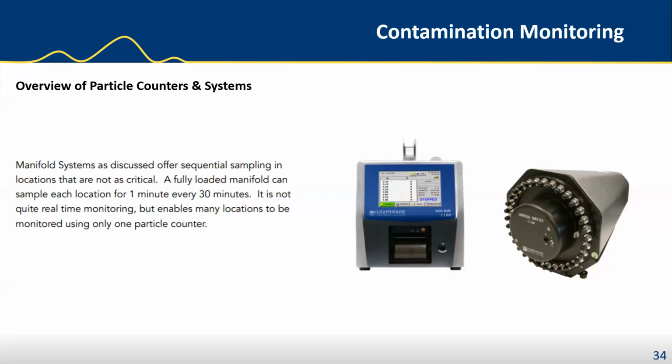In real-time monitoring systems, the monitoring is done 24/7, typically using remote particle counters, and the real-time monitoring system is used as a process diagnostic tool to ensure critical locations and tool sets are not indicating high levels of particle counts. As we've seen, these high levels can impact product yield, and the real-time monitoring system early warning detection is a very valuable tool in enabling fast decisions to be made.